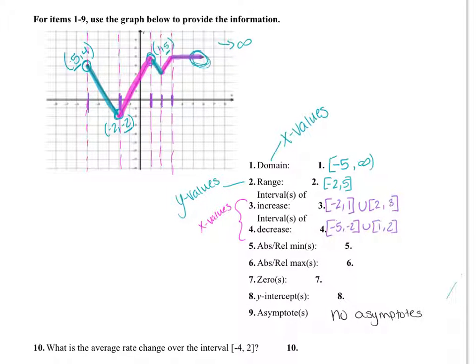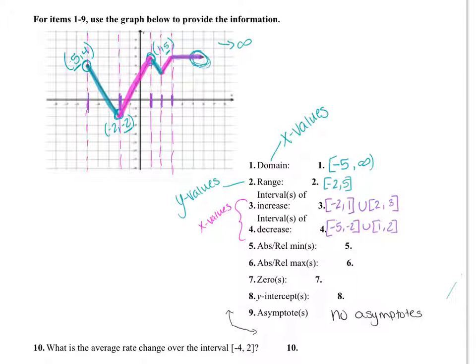We see asymptotes when it's a curve going into a straight line. Since it basically has a sharp turn, that's why it doesn't have an asymptote. Asymptotes are curved lines going into a straight line.